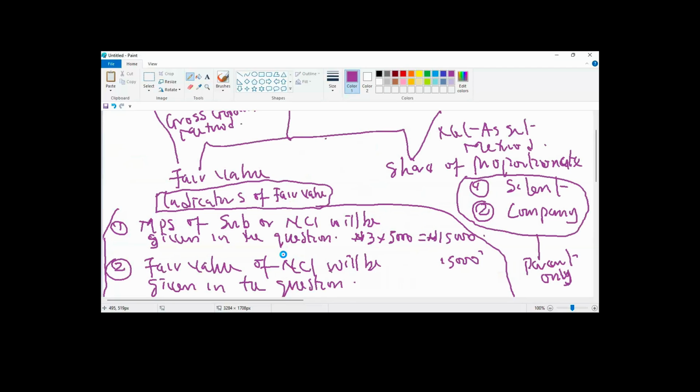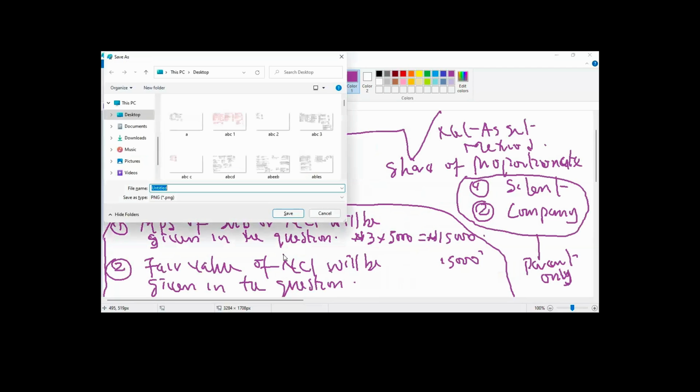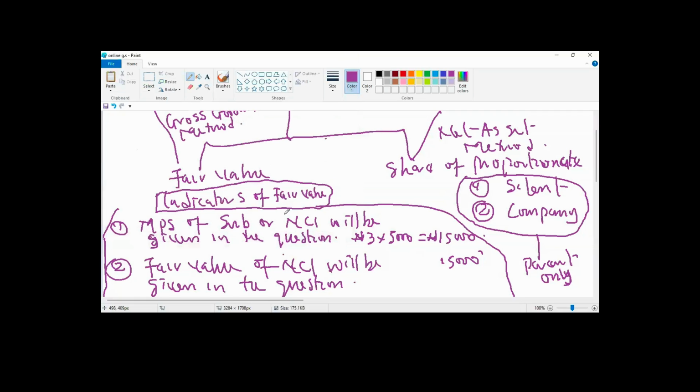What is the requirement? Goodwill on acquisition. How much would it have cost Omaye to acquire 100% share in Boti at the date of acquisition?